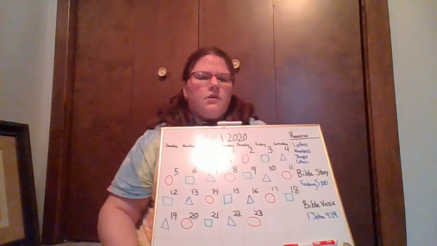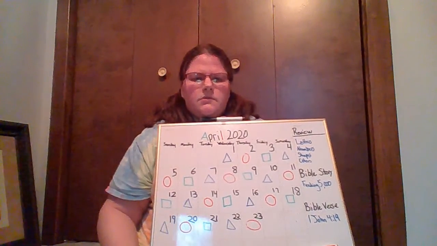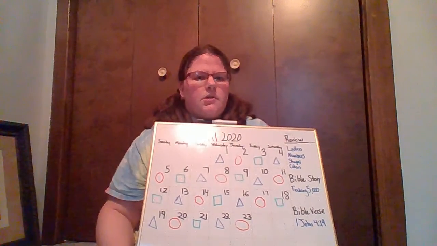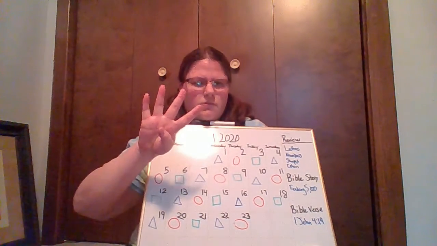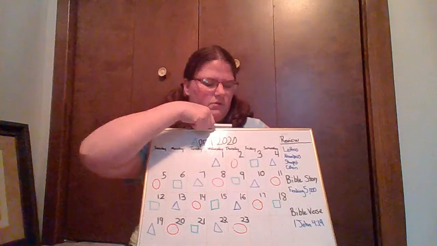Oh goodness, let's see. Well, what number comes after 3? What is the next number after 3? 2, 3, 4, right? So the next number should be 24. So let's go ahead and write 24.